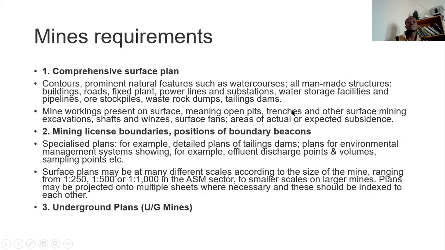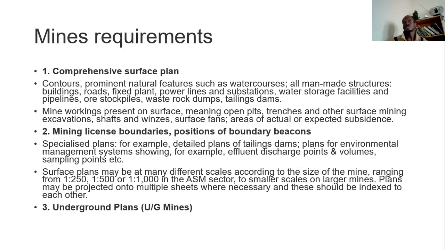All right. One, comprehensive surface plan. Are you okay? With a comprehensive surface plan, this is what we will call the topographic map. Normally, if there's no mining and someone said, I need you to give me a topo map, that's the short form of it, topo map. It is what we are calling comprehensive surface plan. Why? There's a reason.